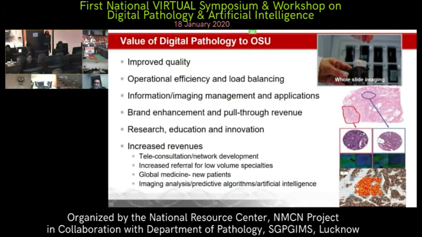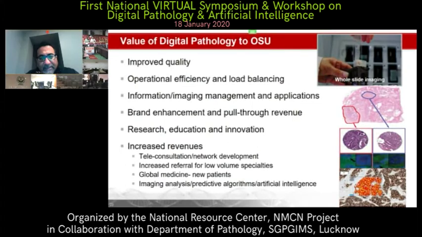We also wanted to take all the manual and analog information and start organizing it into one place. We also wanted to use this opportunity to bring more patients into the system, so we can create a consultation network, and then use these new tools and technologies for research, education, and innovation.